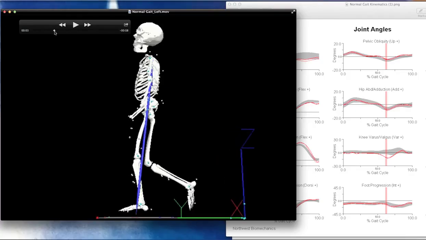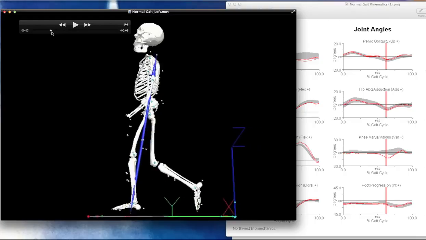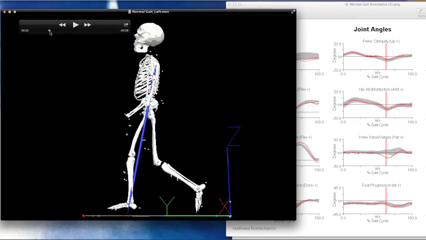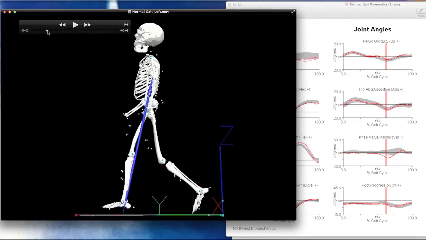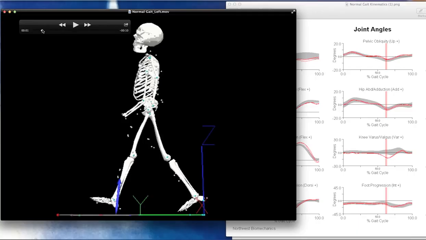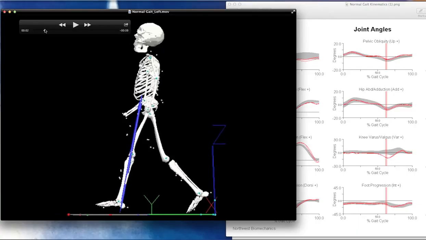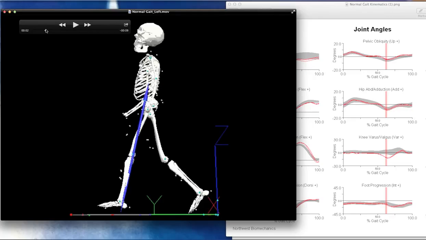And then what's going to happen next is while the foot's stationary on the ground, we've gone from initial contact, a little bit of dorsiflexion, to foot flat, a little bit of plantar flexion. That's at 10% of the gait cycle.